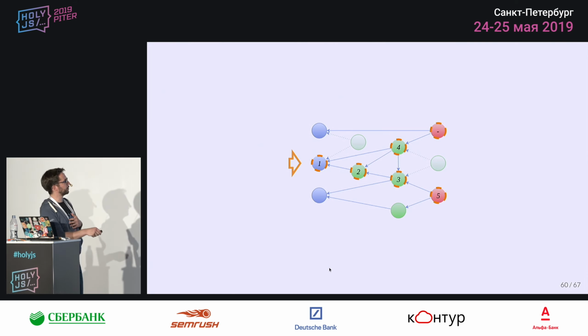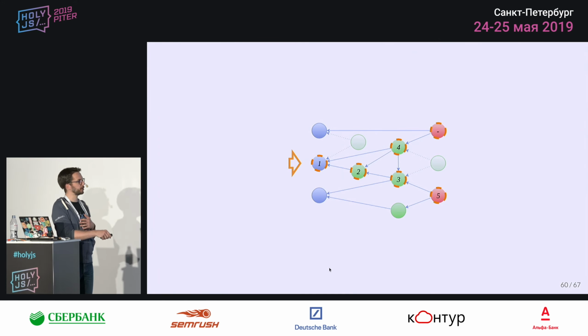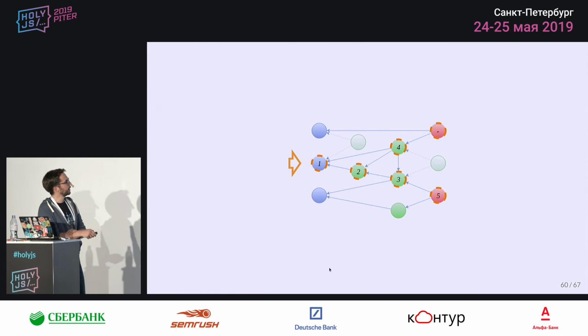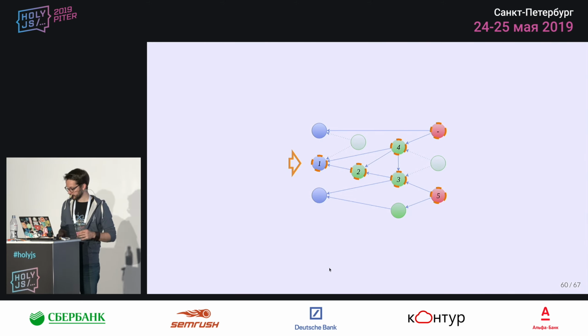So the only correct order to evaluate this is, if the observable updates, then we want to update this one, because it has no other dependencies. Then we want to update that one. And only after that, we want to update that 4th derived value, because it depends on both of them. So it shouldn't start computing too early. And then if the output of this one didn't change, we don't want to run that side effect. And if the output of that one changed, we do want to run the side effect.